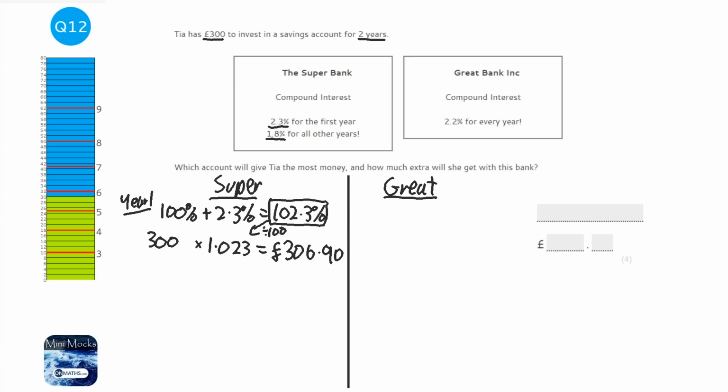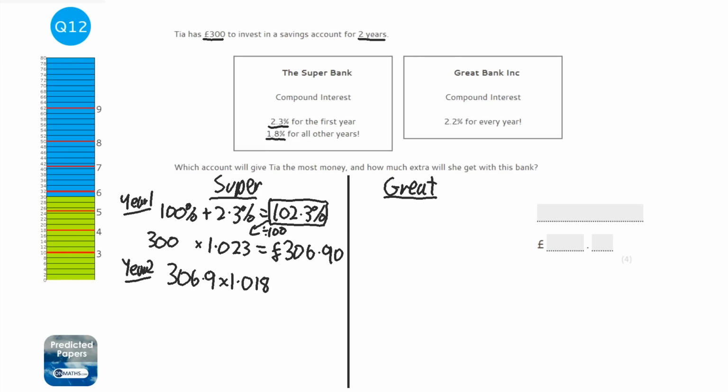Okay, so that's year 1, and we might as well just write year 1 somewhere. So year 2, we've got that £306.90, and we need to work out the multiplier for 1.8. I could go through the same method as before, but actually when you start using multipliers you realise how to just go straight there.